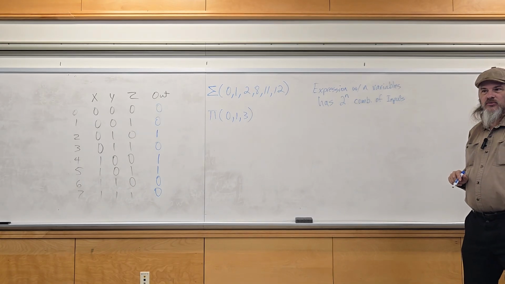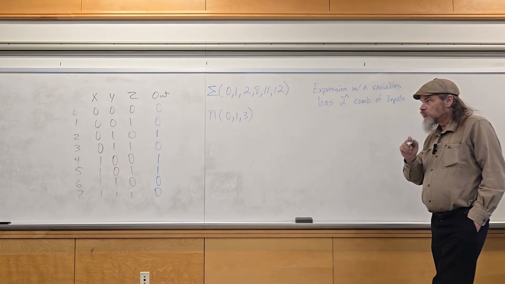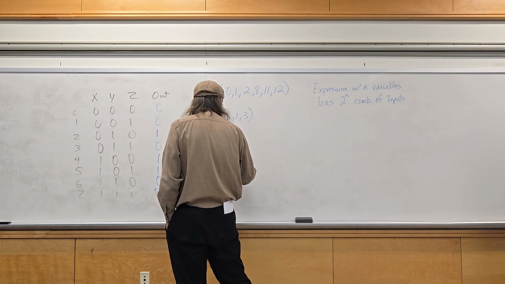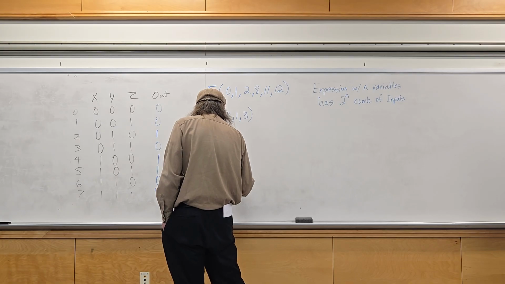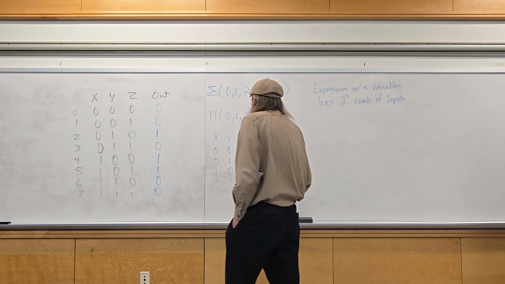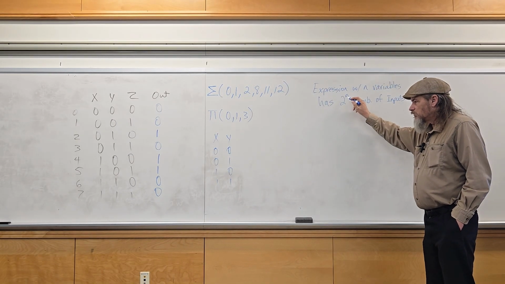How many variables will you be using? 2. So let's say x, y. Now you have 4 combinations because it's 2 to the second power.